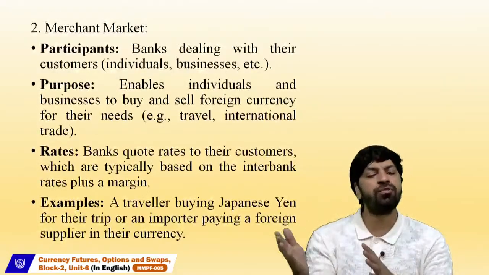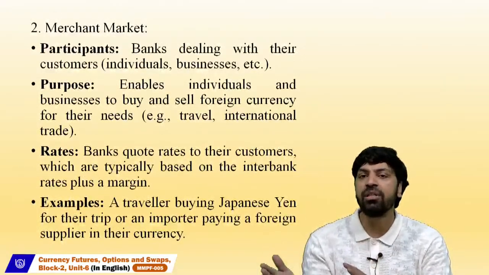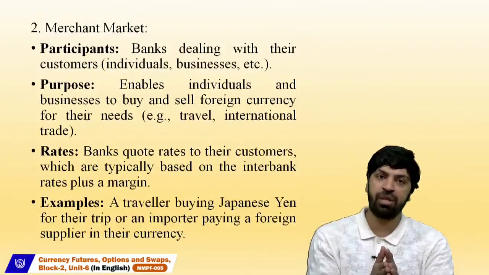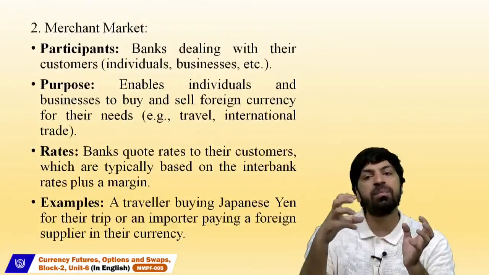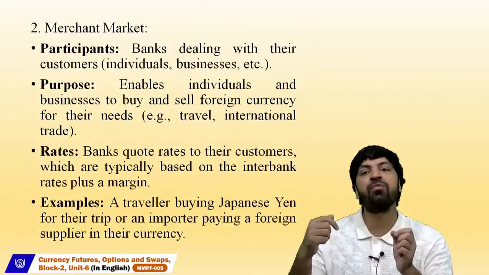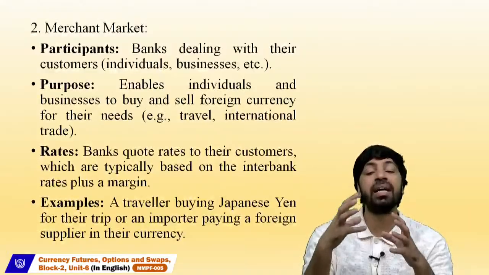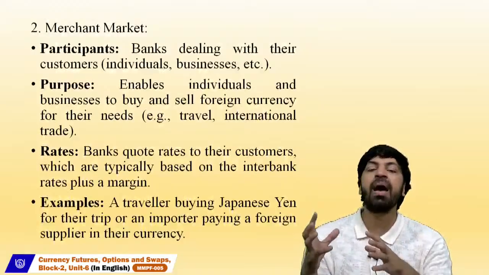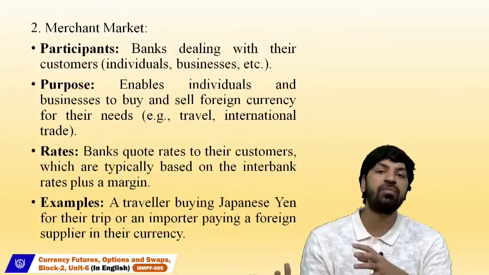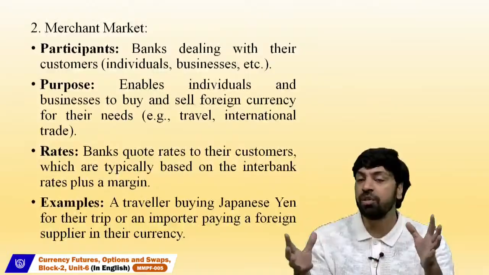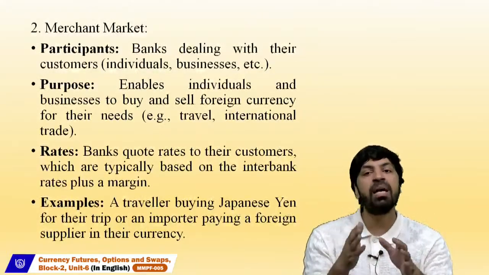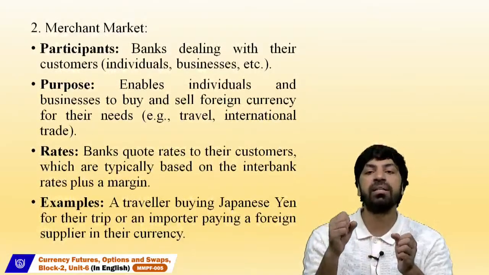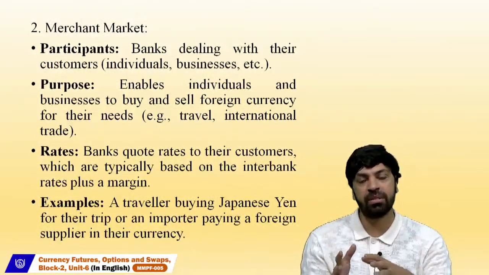It could be for a foreign trip, or any international trade through shipping, airways, waterways, etc. The rates are always based on the base rates pre-decided in the interbank market, and accordingly the banks offer rates to their clients, individuals or organizations, plus a margin which covers the risk and interest.